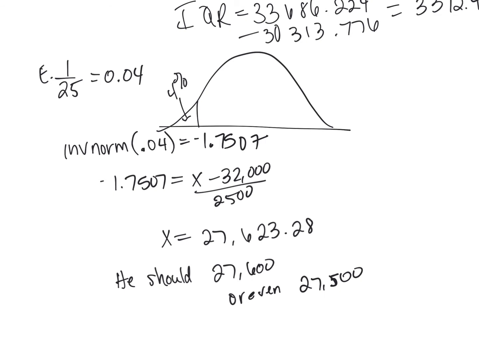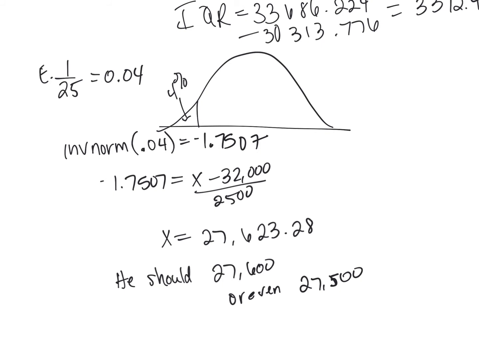So if we round it up to like 27,800, now he's giving away a refund to more people because he's allowing that extra 500 miles before he gives you a refund. From the consumer standpoint, you would want that to be higher, 28,000.